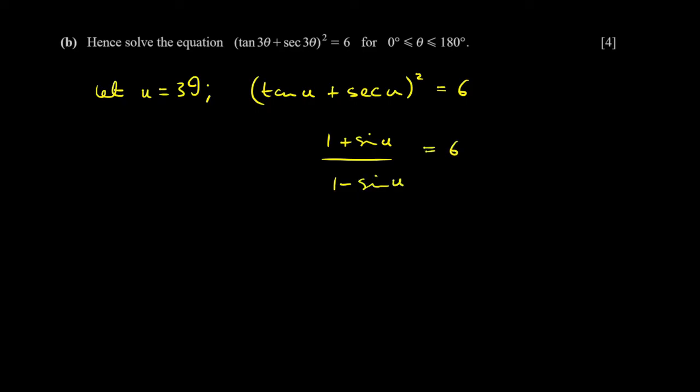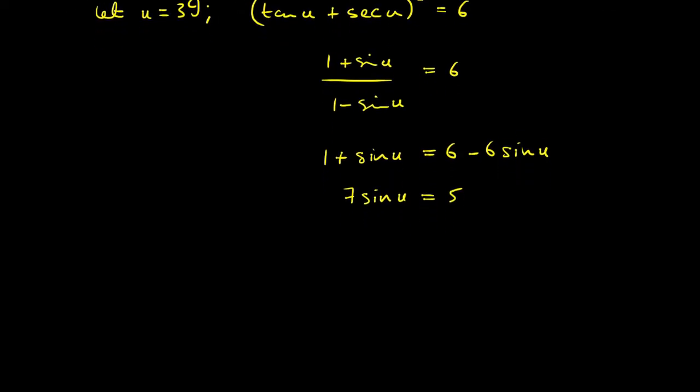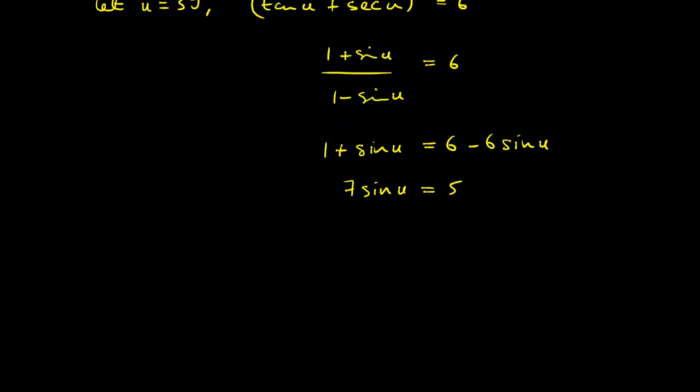So a bit of rearranging, 1 plus sine u is equal to 6 minus 6 sine u. And that will be 7 sine u is equal to 5. And hence we're trying to solve sine u. Sine u is equal to 5/7.